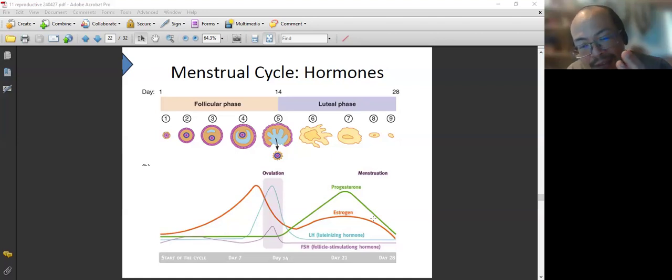When do you not see progesterone in the blood? That is before ovulation. For a non-pregnant woman, you should not see progesterone before ovulation. After pregnancy, you will always see progesterone, because it is important to maintain uterus stability.